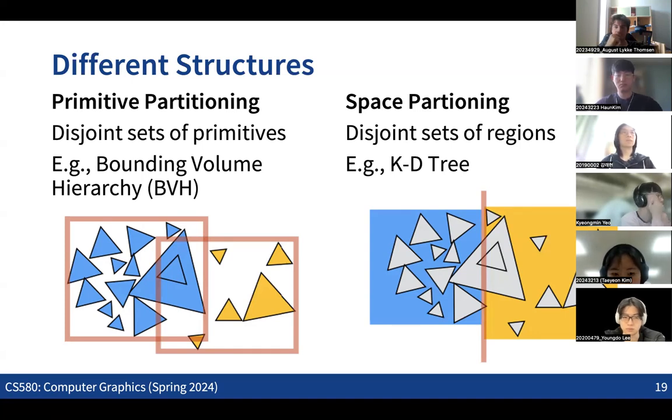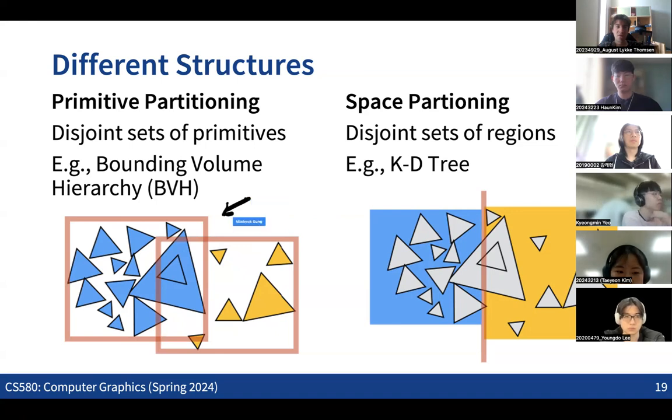The left is the example of the bounding volume hierarchy. This is the case where we have disjoint sets of the primitives. As you can see, we have the blue set and the yellow set, and blue is the set including the left side primitives, and we have another set. But this is the case where the bounding volume of each of the subsets can overlap in the space. So this is one example.